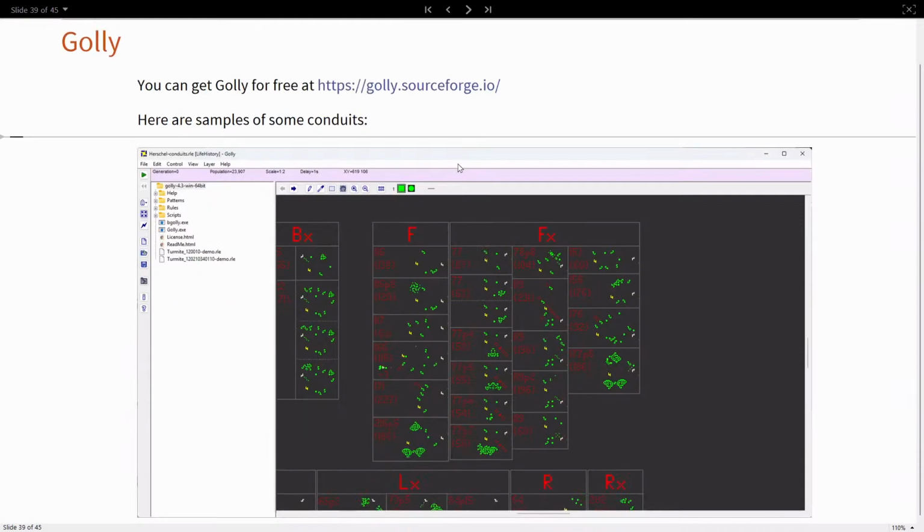Golly is something I've shown here. You can get it for free. This whole talk will be online at community.wolfram.com sometime later today, and you'll be able to get all the links and things from there. But I may as well put this link in over here.